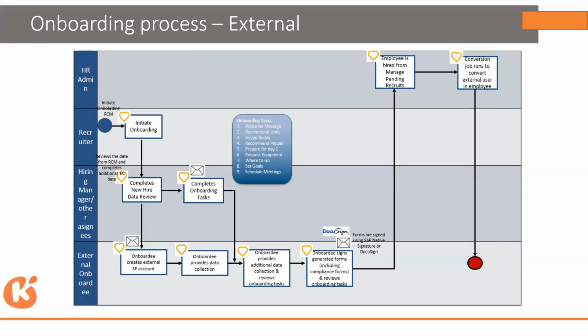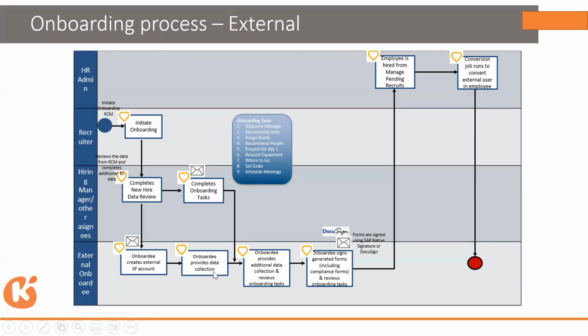Out of 100 candidates, only one candidate will come to onboarding, the one who accepted the offer and is coming to join the company. For that one candidate you have very minimal information from recruitment. You want to capture more information, like emergency information, bank information, national address information, all the additional information, and you can do that with this data collection step.